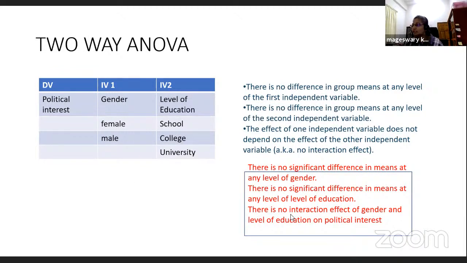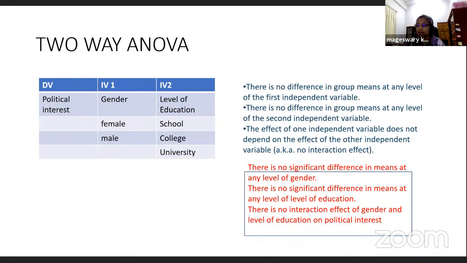Then there is no interaction effect of gender and level of education on political interest. So the first hypothesis reflects one-way ANOVA, the second reflects one-way ANOVA, and the third reflects the two-way ANOVA. We are doing all collectively so that we can control the errors as much as possible.